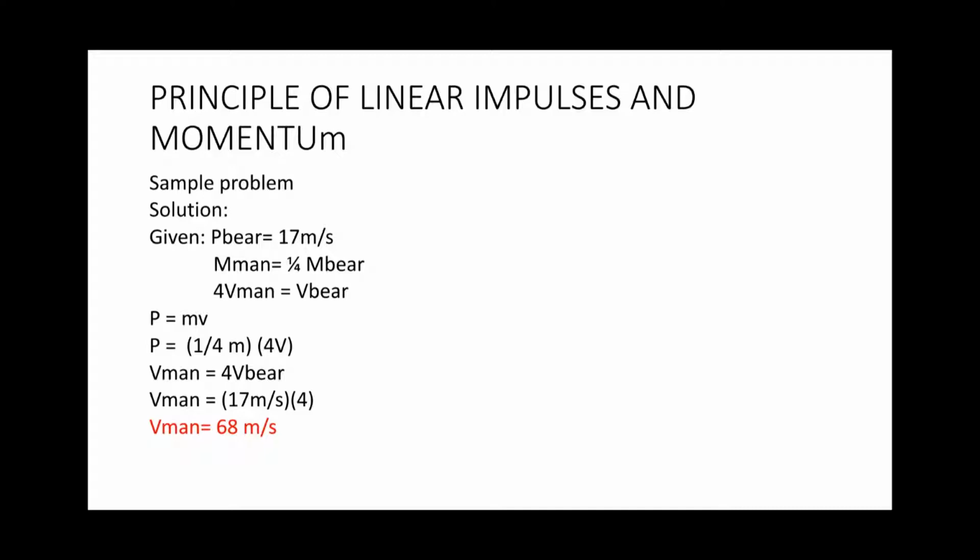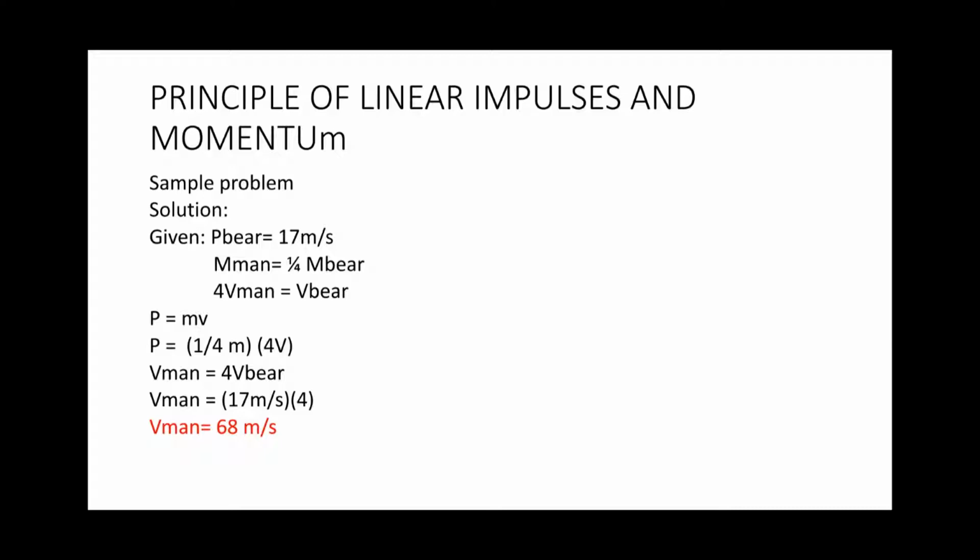Our formula will be P = mv, momentum is equal to mass times velocity or speed. P = 1/4 m, because 1/4 of the mass of the bear is equal to the mass of the man, multiplied by 4v, because for every 4 v man there is 1 bear.